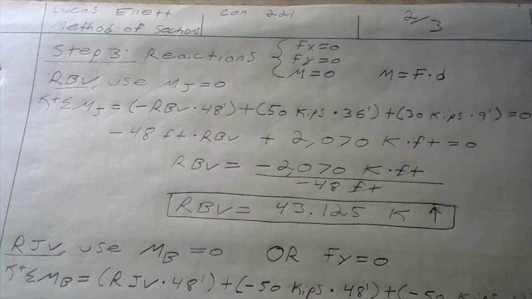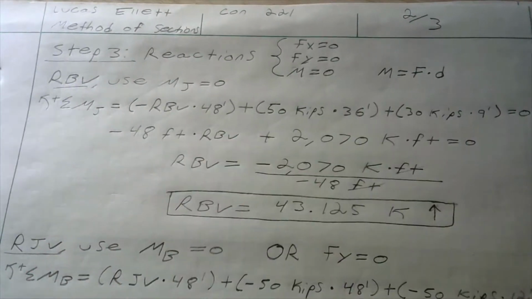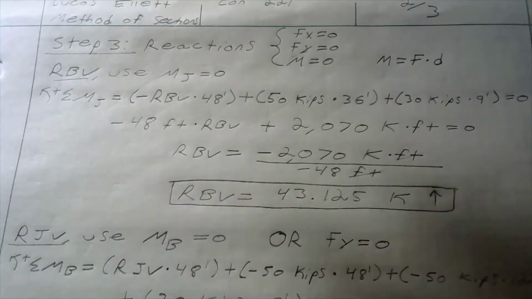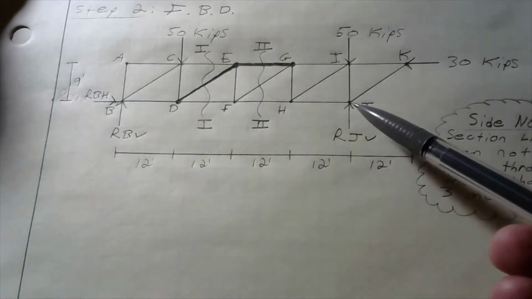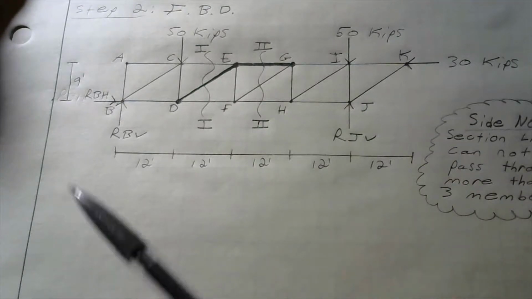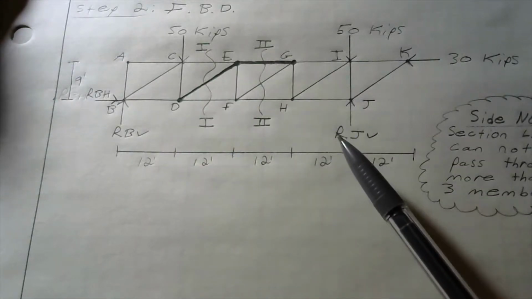For the reactions, I like to start with using moment, and I'll use moment twice at each support. So I'll use a moment at J, which will give us RBV, and then I'll use a moment at B, which will give us RJV.